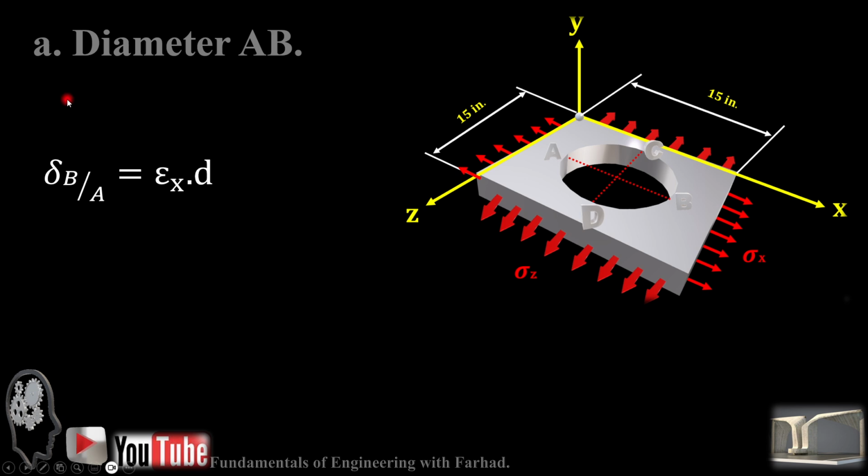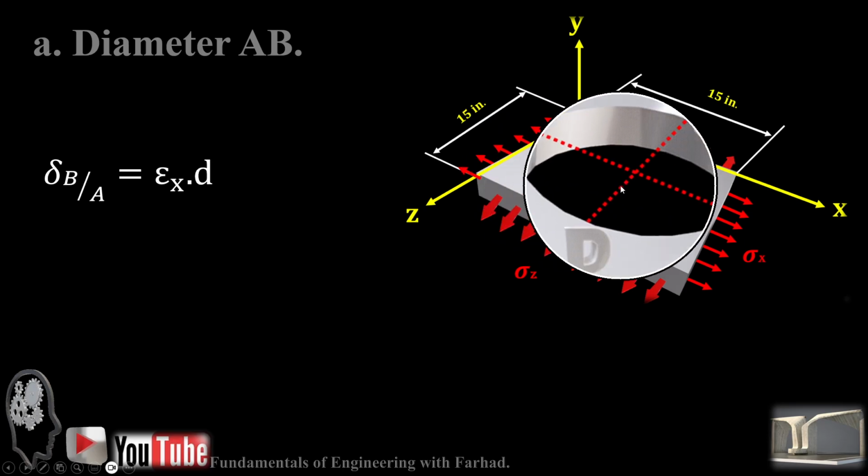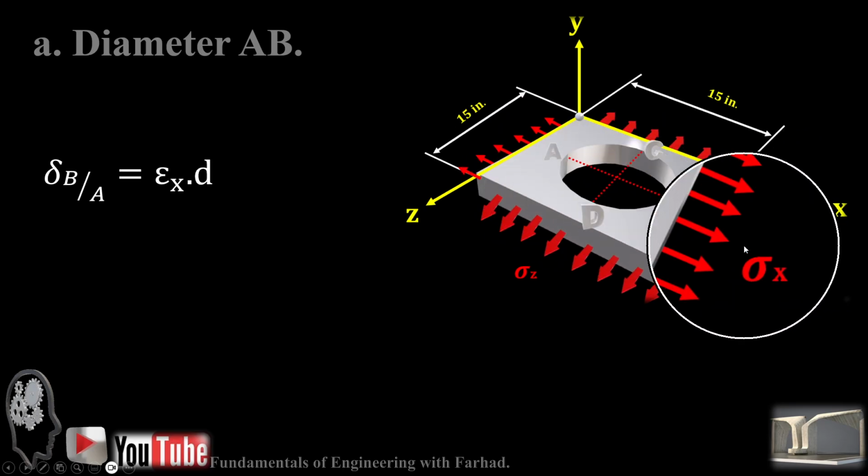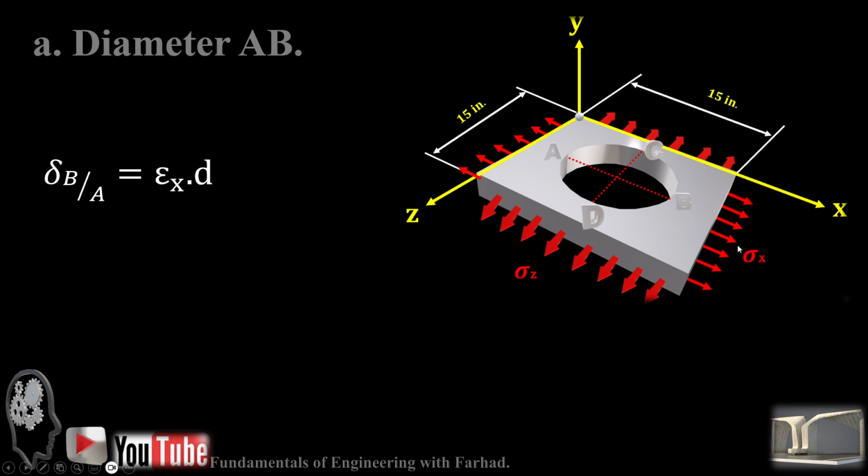Now let's jump to part A, the change of diameter in diameter AB after the stresses are applied to the plate. Delta AB over D, that's epsilon x, because you can easily see AB is in the direction of x, so sigma x is applied in that direction.